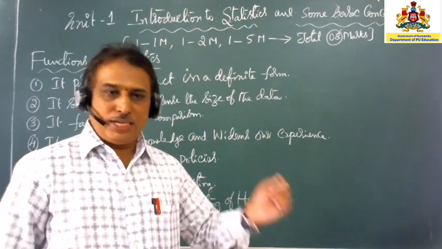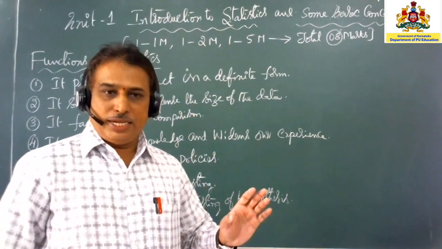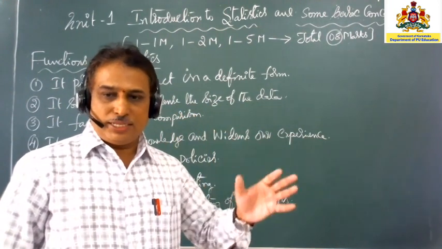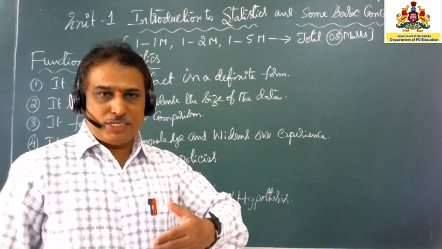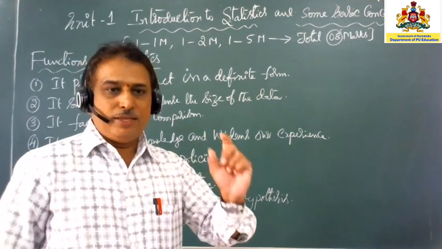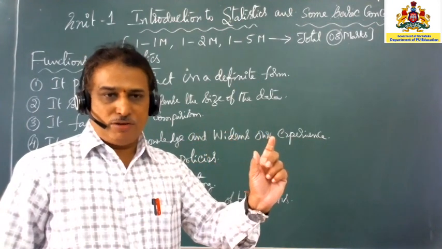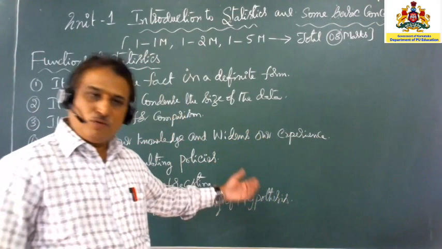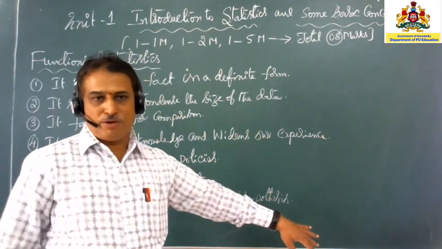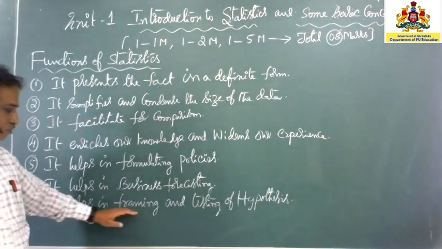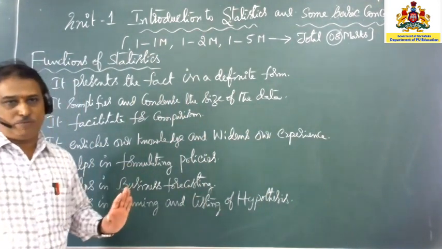The second vehicle gives 38 kilometers. The third vehicle gives 43 kilometers. Like that, we take the average of all the 50 vehicles. Finally, we get one average value. If that average value is closer to their statement, we accept, otherwise we reject that statement. Like that, it helps in framing and testing of hypothesis.